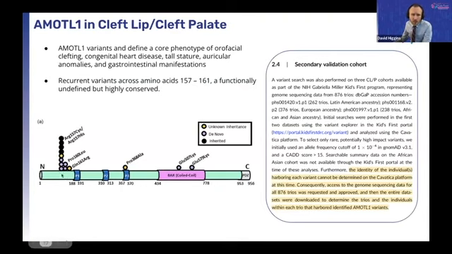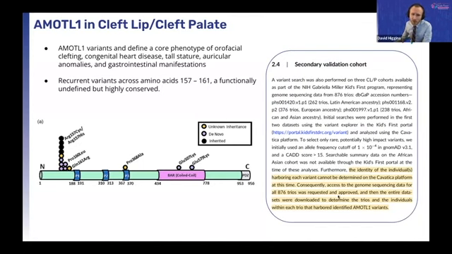To highlight the example here, they were able to identify this hotspot at amino acid positions 157 through 161. To pull out a specific quote from the article, Dr. Rao and the authors noted that identifying the individuals that have these variants was difficult at the time.